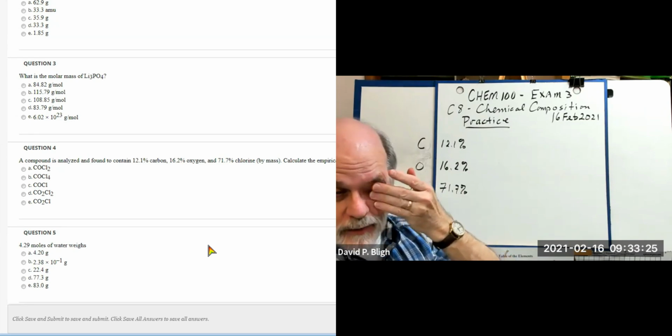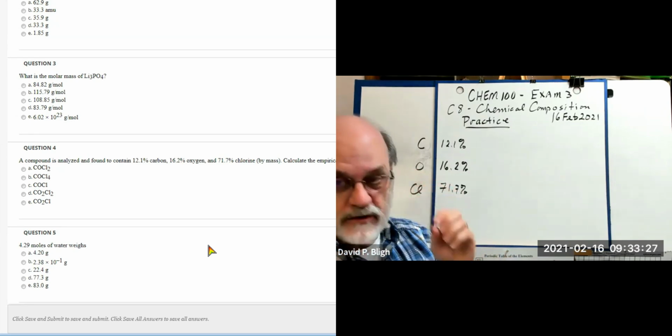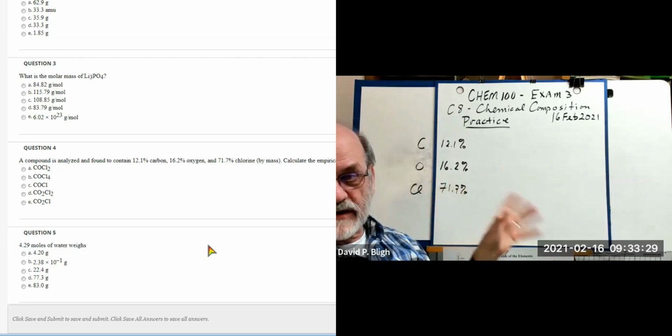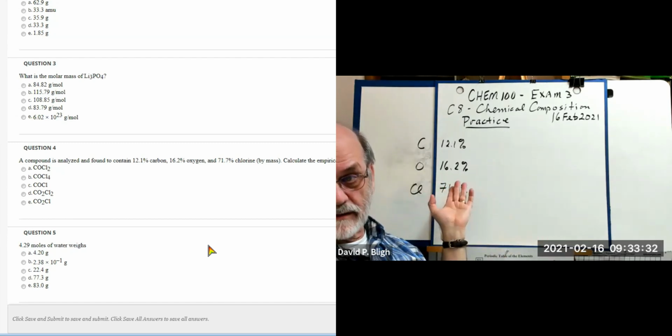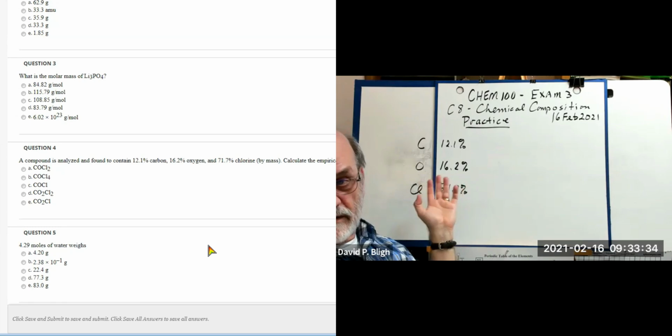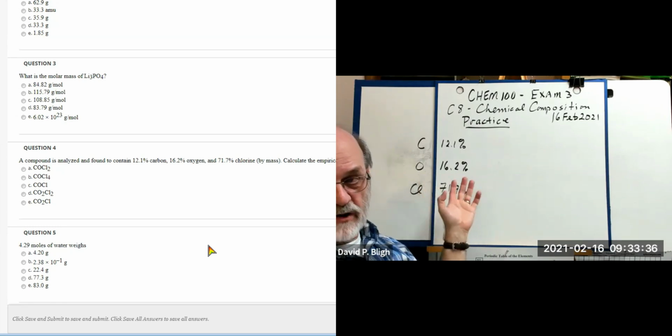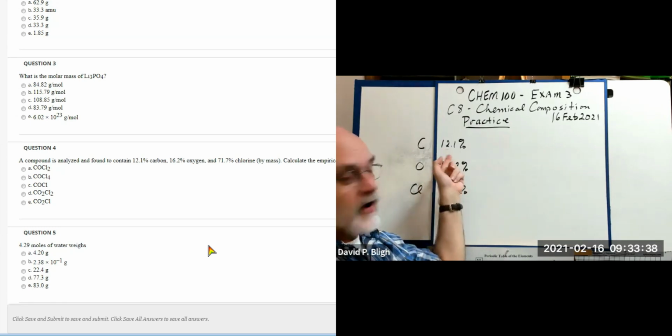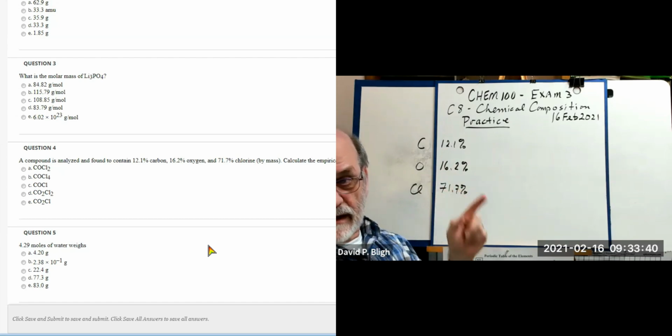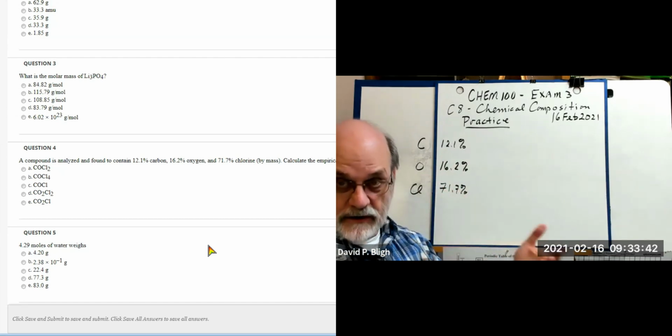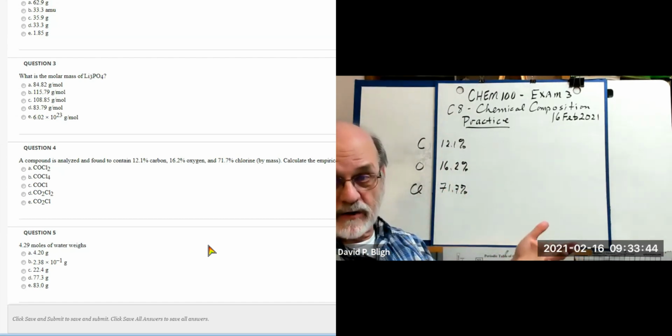So the simplest whole number ratio is derived by converting mass into moles, but we don't have mass yet. But we do have mass percent, which means parts per 100. So if that's 12.1%, we could say it's 12.1 grams per 100 grams of total sample.